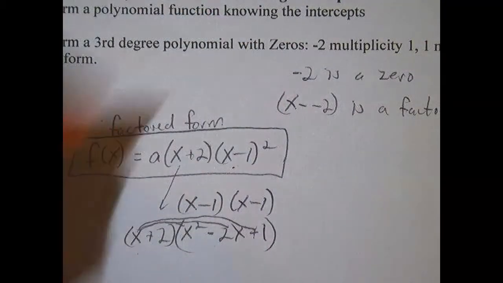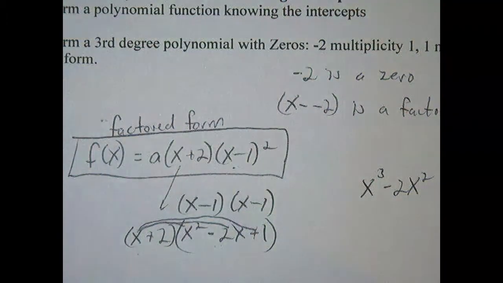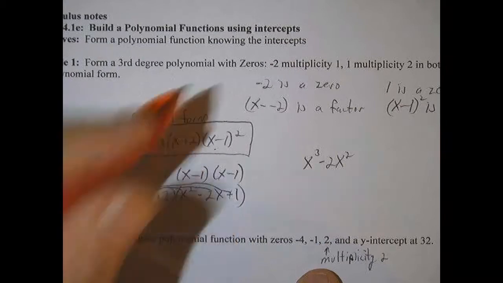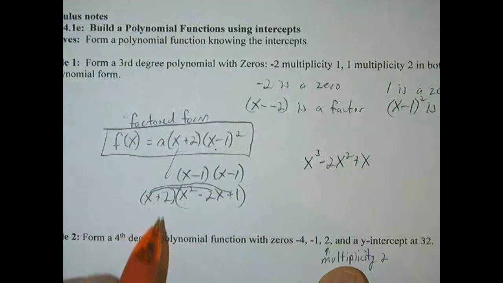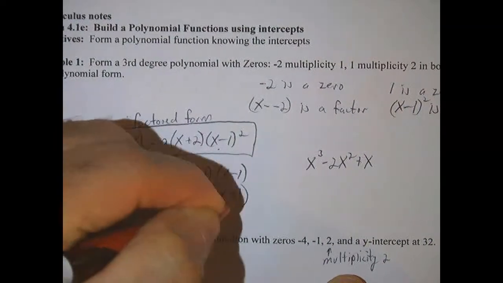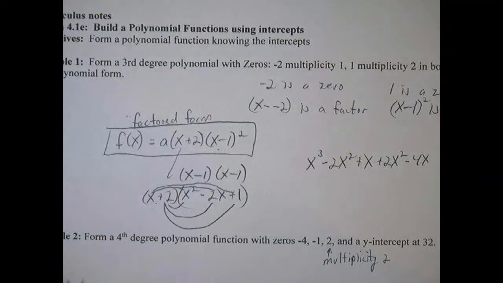So I get x times x squared, which is x to the third, and x times -2x, which is minus 2x squared, and plus x times 1, so plus x. Now I'm going to distribute the 2. So 2 times x squared is plus 2x squared, 2 times -2x is minus 4x, and 2 times 1 is 2.